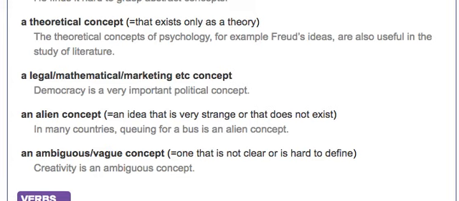A theoretical concept means that it exists only as a theory. The theoretical concepts of psychology, for example, Freud's ideas, are also useful in the study of literature. I want you to study this example. Look at the two commas in the middle. Comma, for example, Freud's ideas, comma.